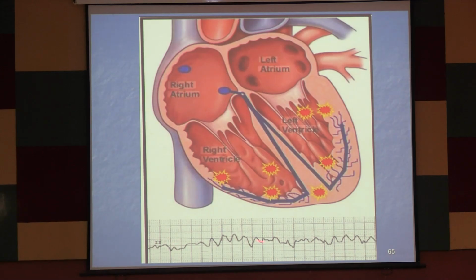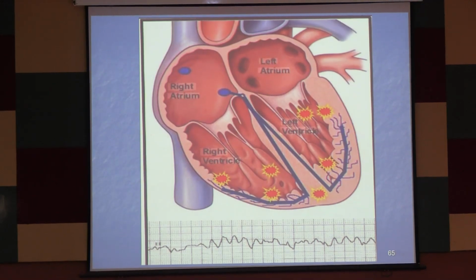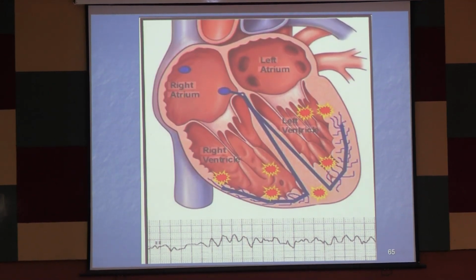This is the cardiac dysrhythmia that is automatically detected by the ICD, and the ICD generates impulses to counteract the cardiac dysrhythmia.